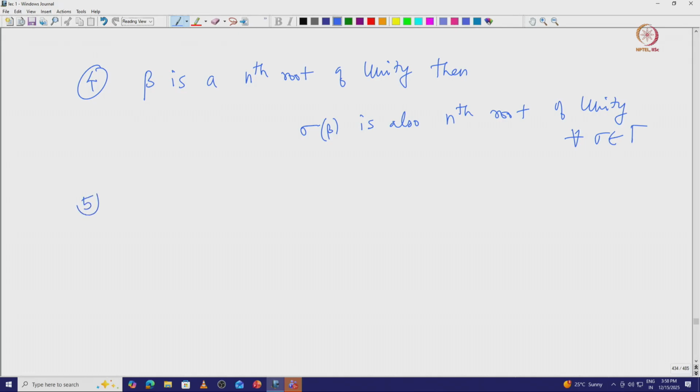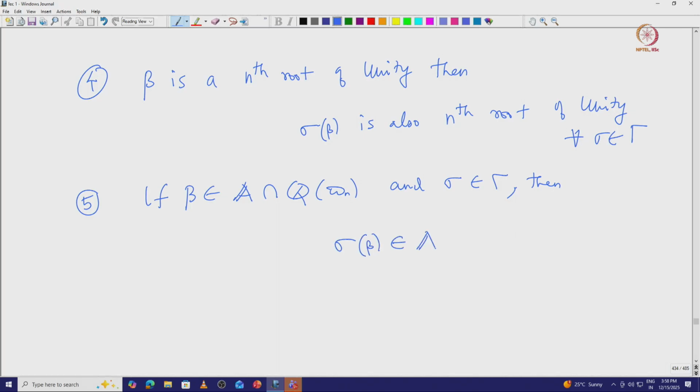So, now from this again we can conclude that if beta is an algebraic integer which also happens to be in the extension, and let us say sigma is some element in gamma, then we can conclude that sigma of beta is again an algebraic integer.